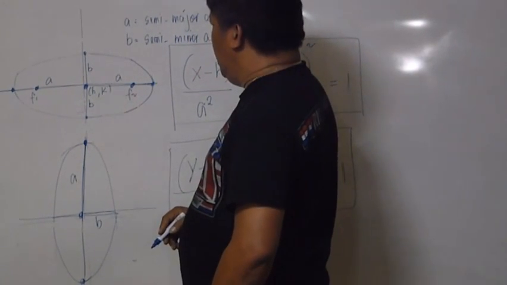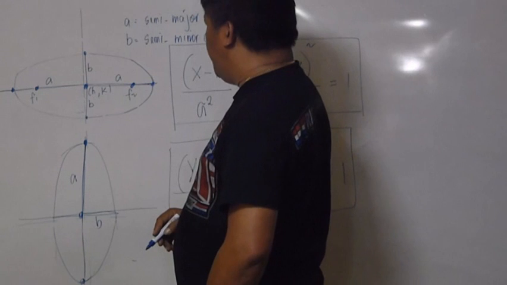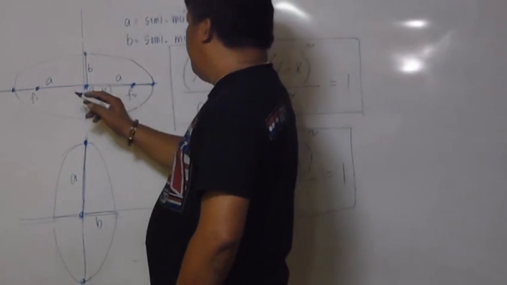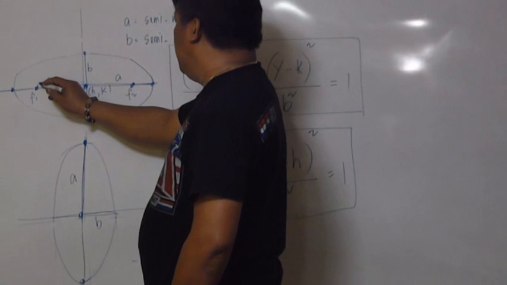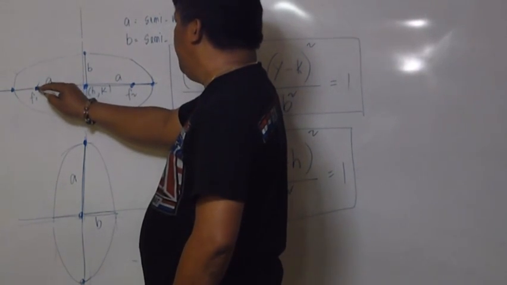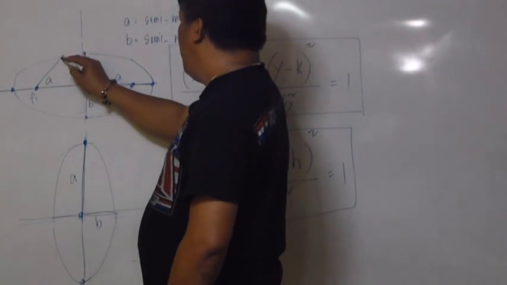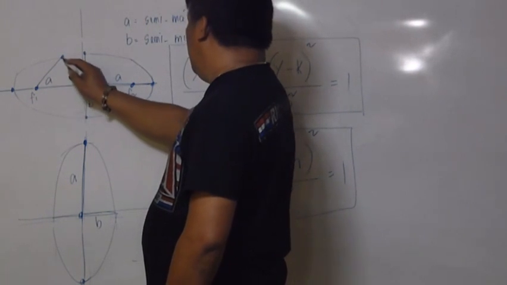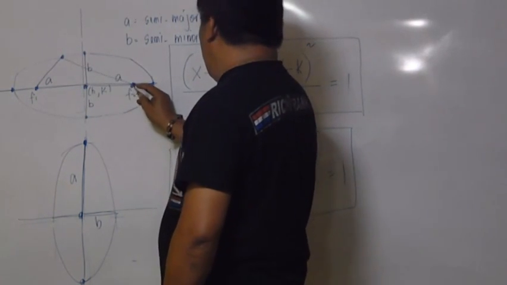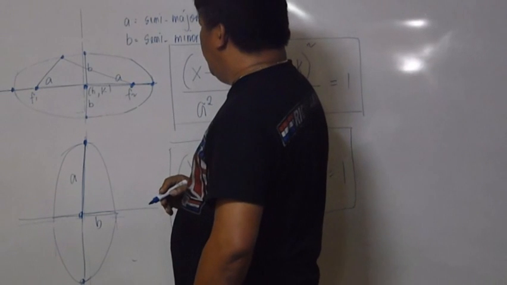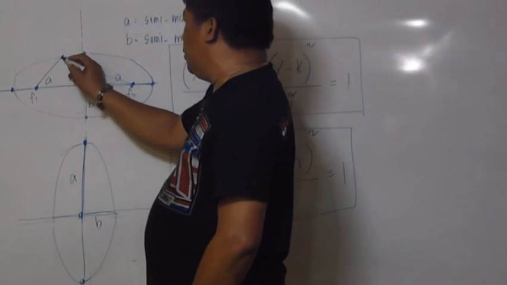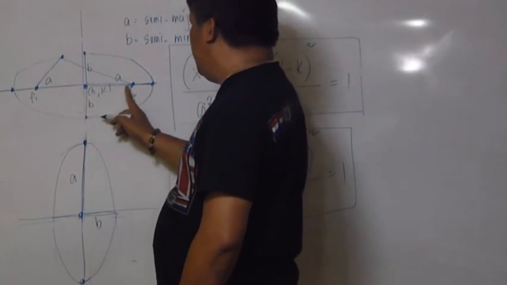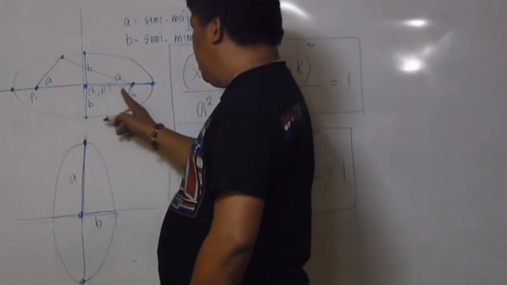Now, an ellipse has a special property wherein the sum of the distance from the focus to any point of the chord, and the distance from the other focus to that point also, the sum of the distances is equal to twice a.